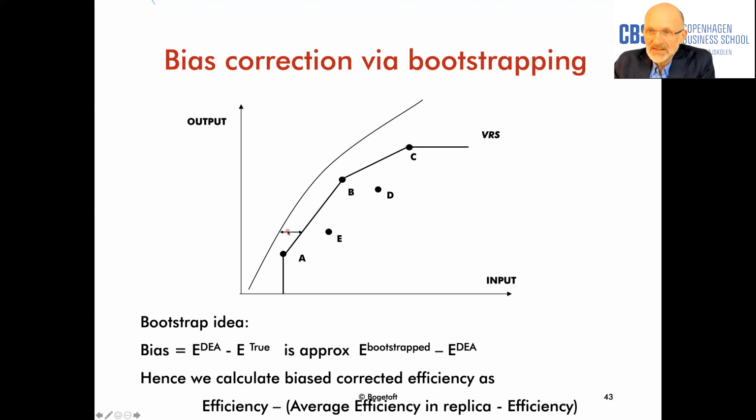So this bias here is approximately the same as the difference between what I in the previous slide showed as the black piecewise linear technology and the green one. So you can get an idea of the bias, and once you have that, you can just subtract it from the original efficiencies, and then you get a bias-corrected efficiency score.